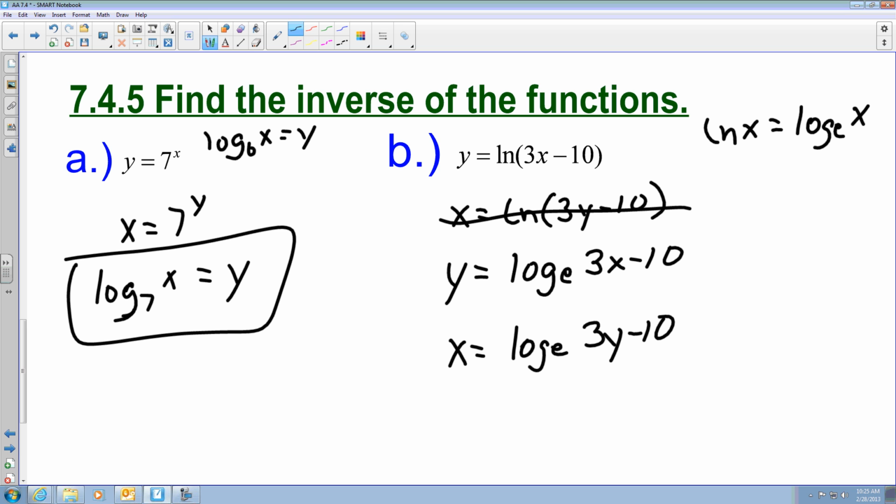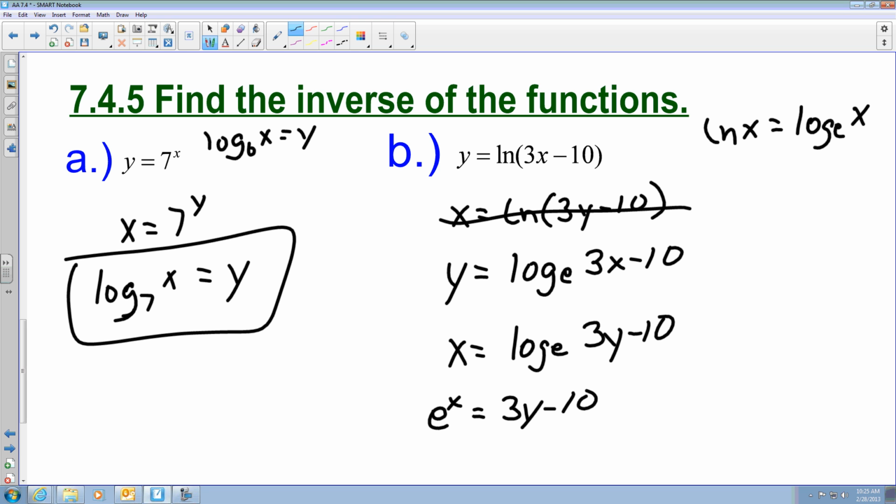And so now I can say that this is e to the x equals 3y minus 10.